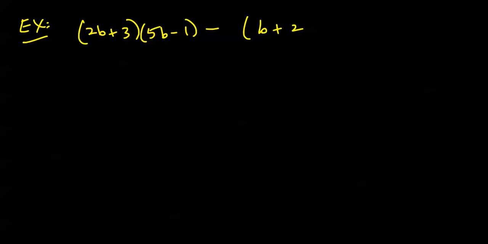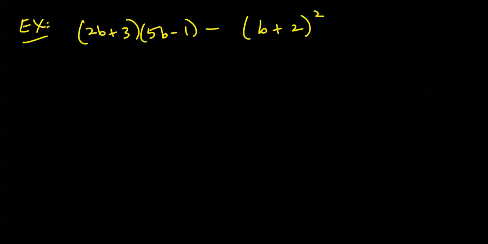Alright, two more I want to talk about today before we call it a day. Again, this is from the homework list. Here we've got a binomial product, and then I'm going to subtract the square of a binomial.